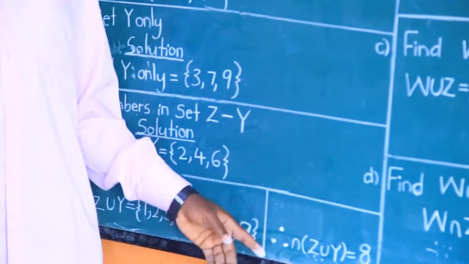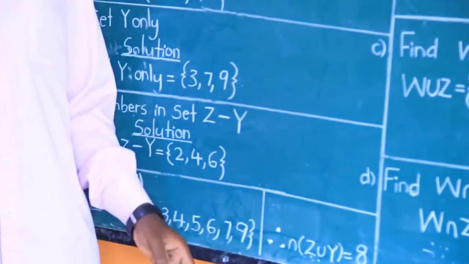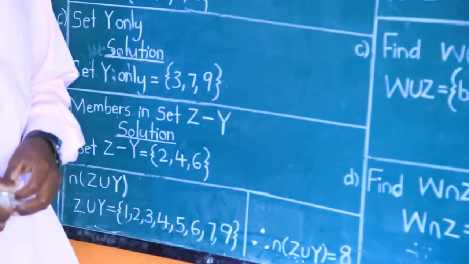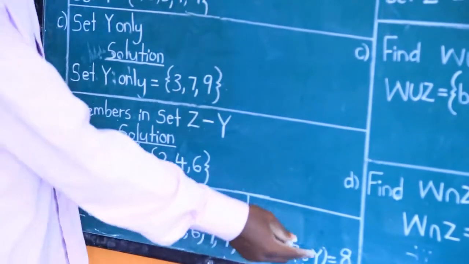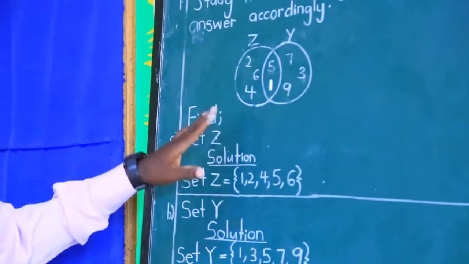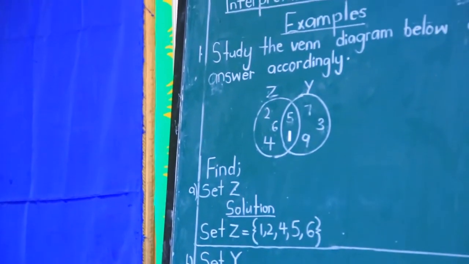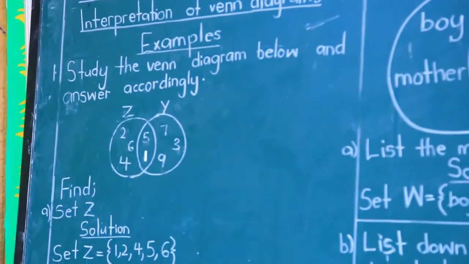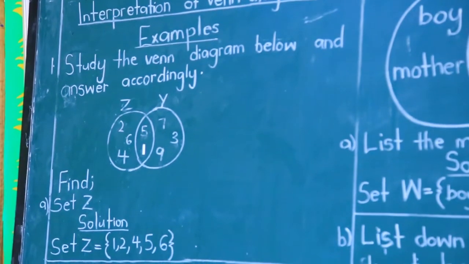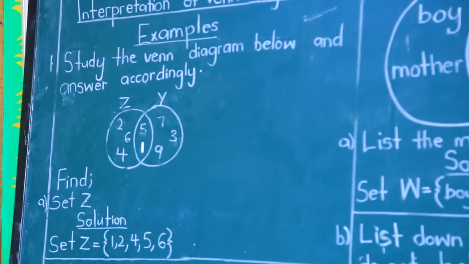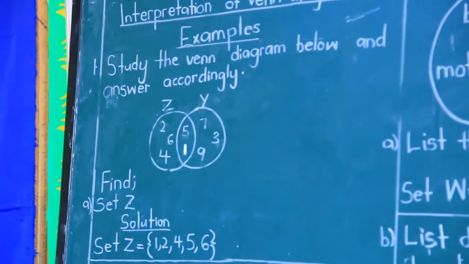So leave it like that, underline and go. In that way, you will be able to answer a question where members are put into a Venn diagram by the examiner, to get maximum marks.